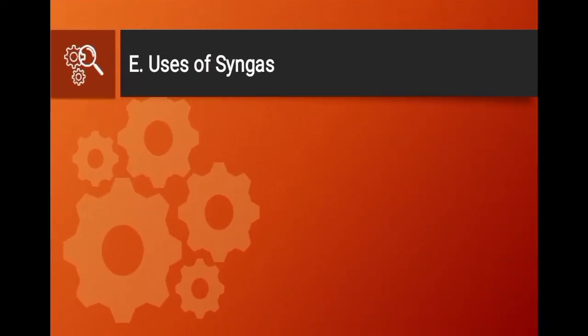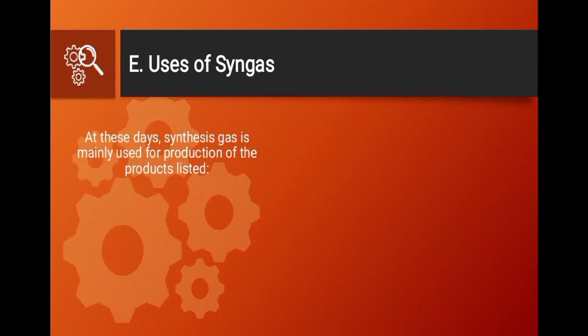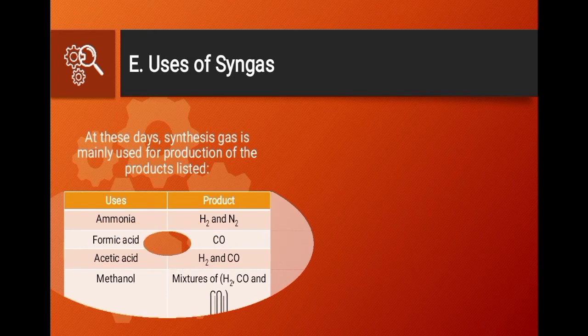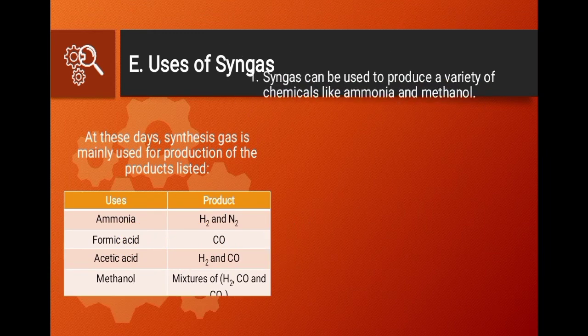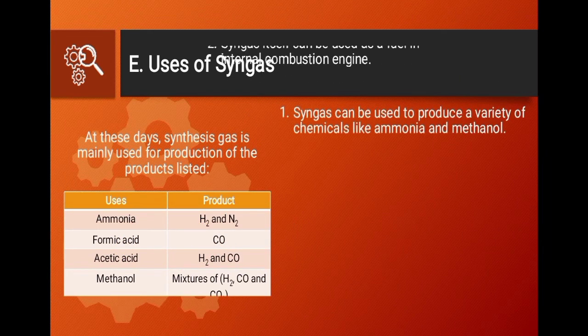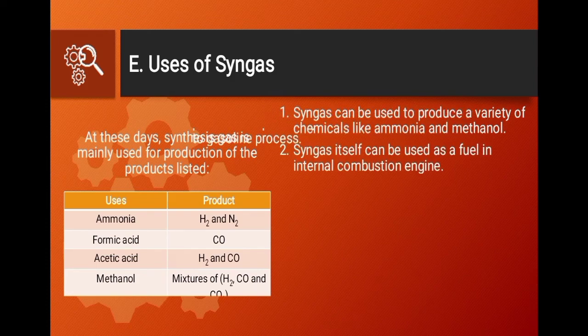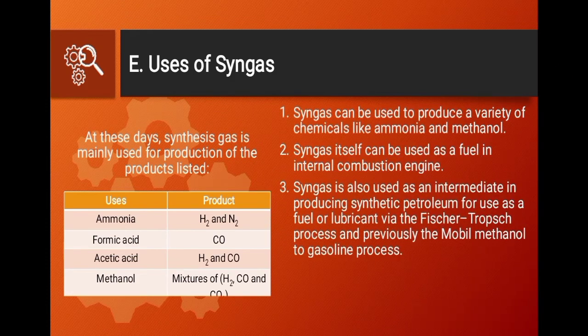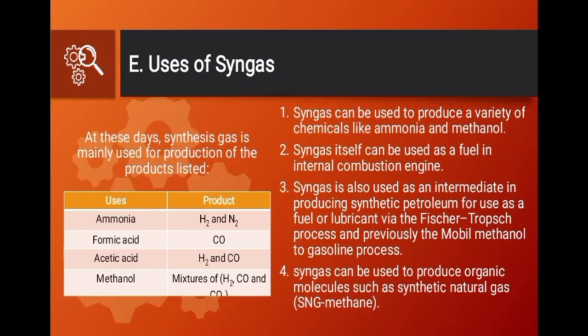Okay, now we're coming to the last step with the uses of syngas. There are four main uses of syngas. The first is that syngas can be used to produce a variety of chemicals like ammonia and methanol.